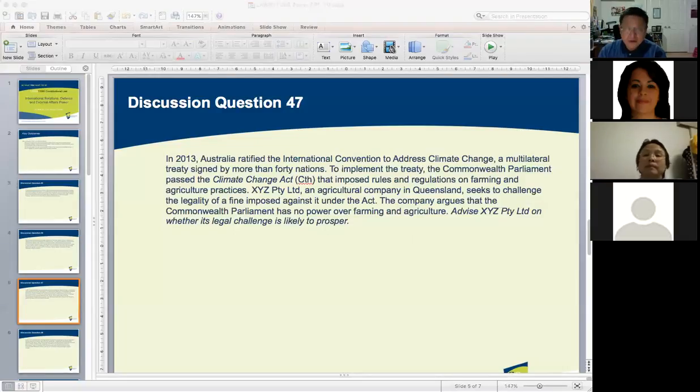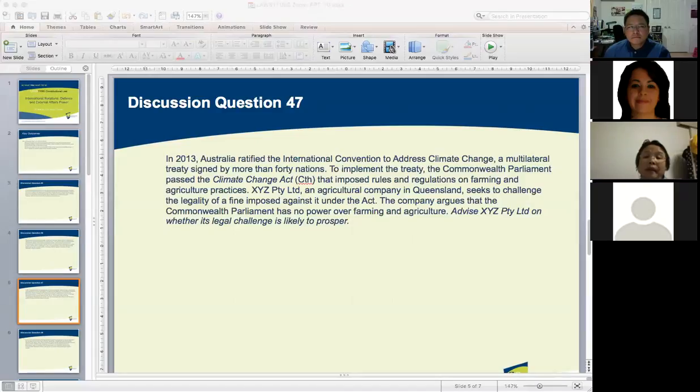I think they can. I support this with the Commonwealth and Tasmanian case, where the court says that the scope encompasses not just Australia, and they have about 40 nations that sign the treaty.